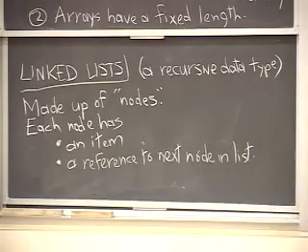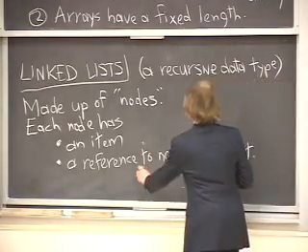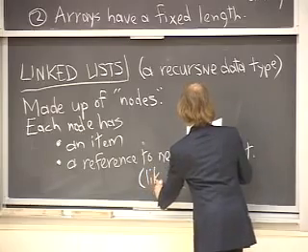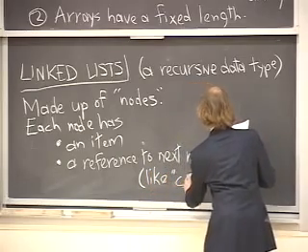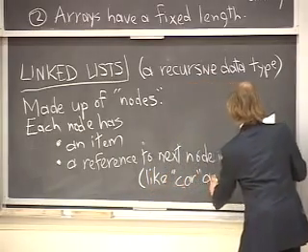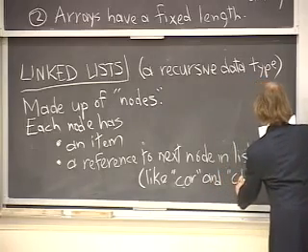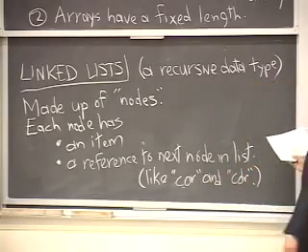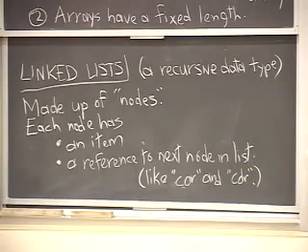And if you've learned Scheme or Lisp, then these two things are just like car and cdr. They are completely analogous, except that they're not built into the language. You have to actually declare them by creating your own node class. So here we go.